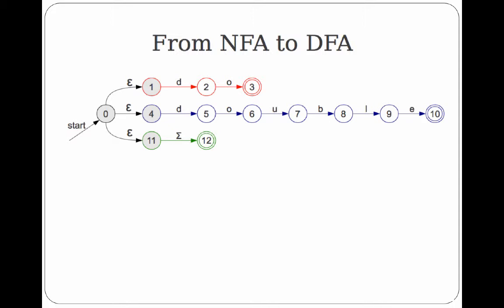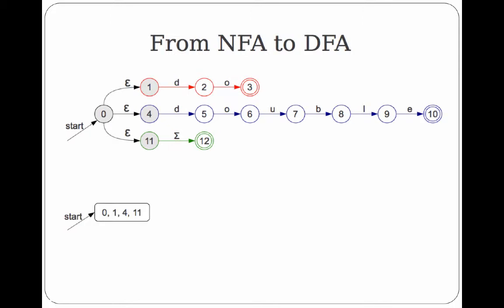And so our first state in our DFA is 0, 1, 4, 11, right? Remember I said that the states of the DFA correspond to sets of states of the NFA. So the first state of the DFA corresponds to the set of states of the NFA 0, 1, 4, 11.